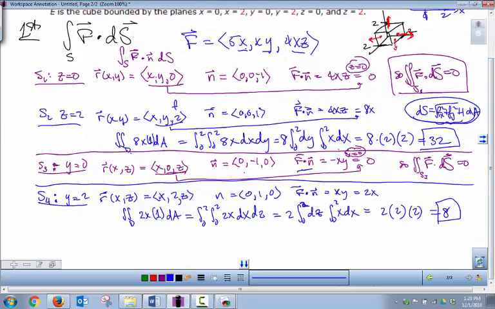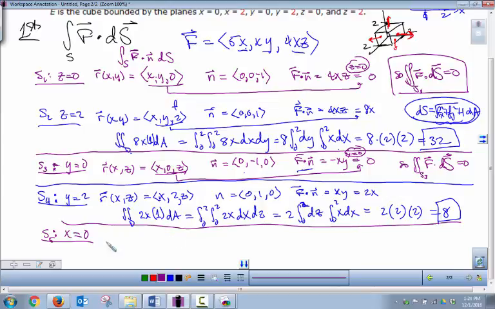All right. We're finding a pattern here, so there's a good chance that this is going to be 0 again. This time x is equal to 0, so the y and z would be your variables left over. 0 in the x, y, and z in the other two components.